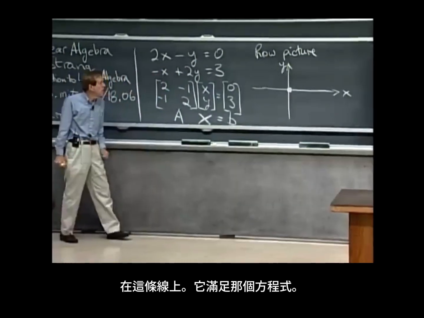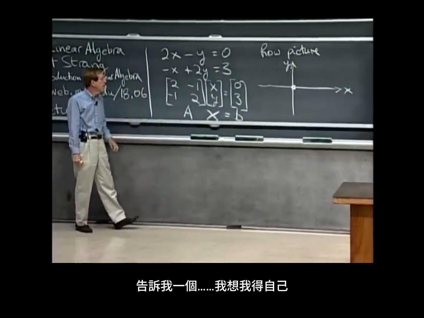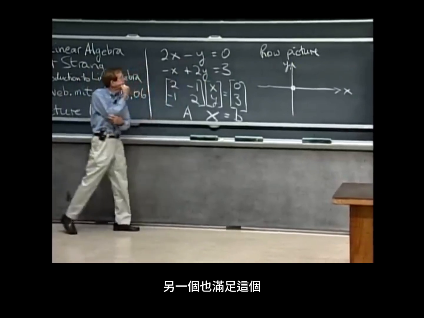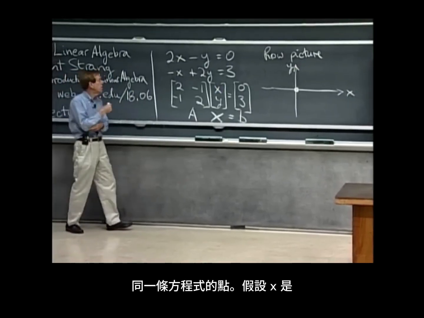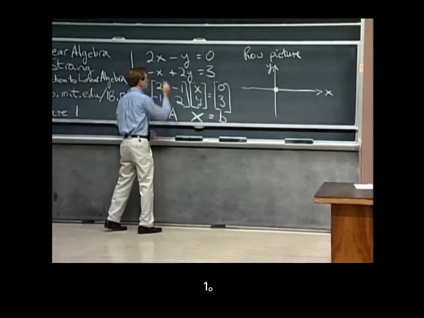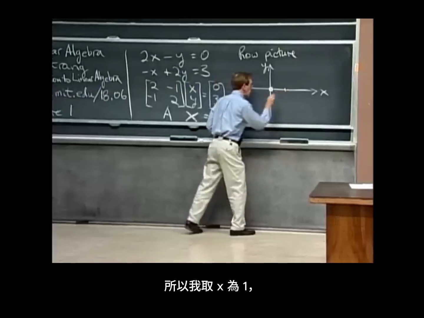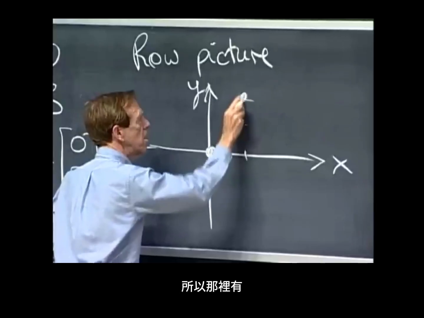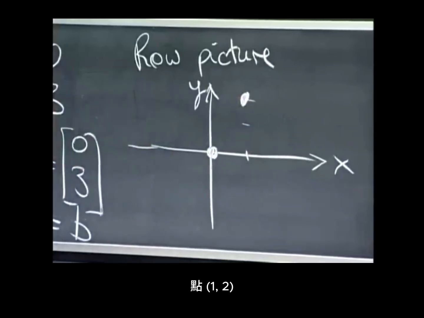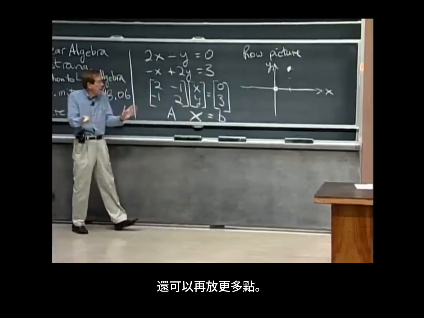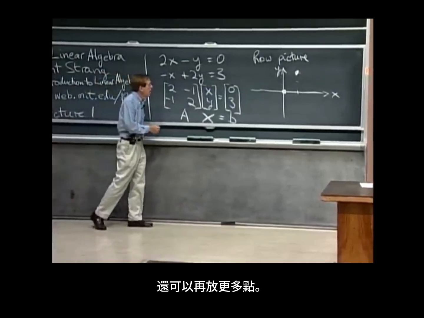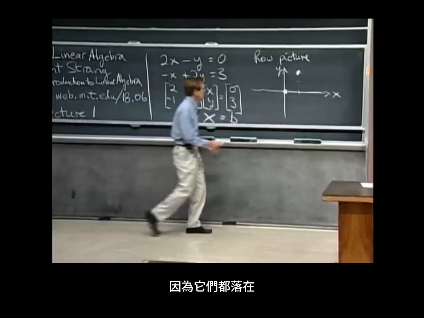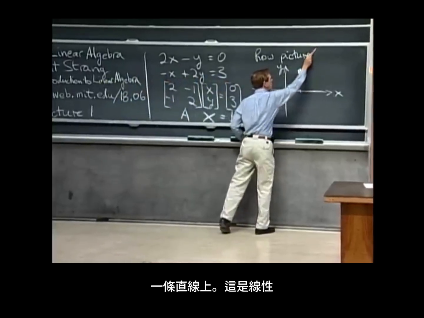It solves that equation. Okay, I guess I have to tell you another point that solves this same equation. Let me suppose x is 1, so I'll take x to be 1. Then y should be 2, right? So there's the point 1, 2 that also solves this equation. And I could put in more points. But let me put in all the points at once, because they all lie on a straight line.